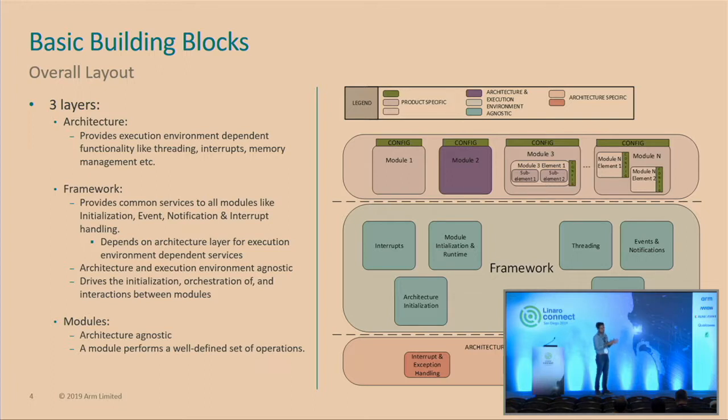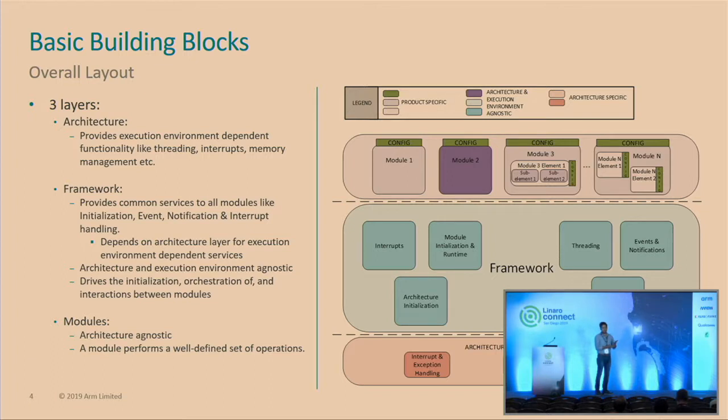Central framework is provided by the SCP firmware. It's open source. We have a reference implementation of the architecture specific implementation, the bottommost layer. We have that reference for a Cortex-M class device. That already works. And then you can go ahead and plug in your own modules. We have reference implementations for many of the FVPs that ARM provides.